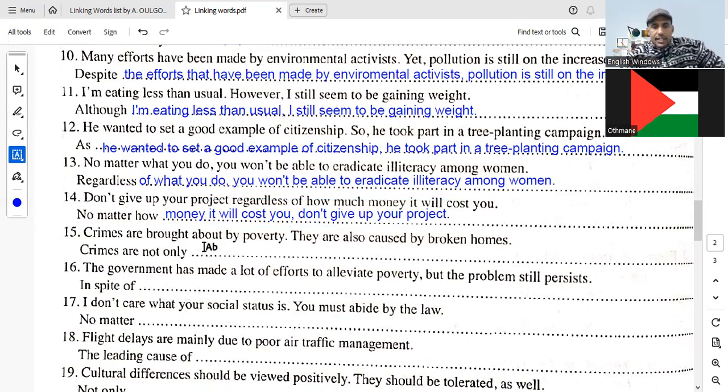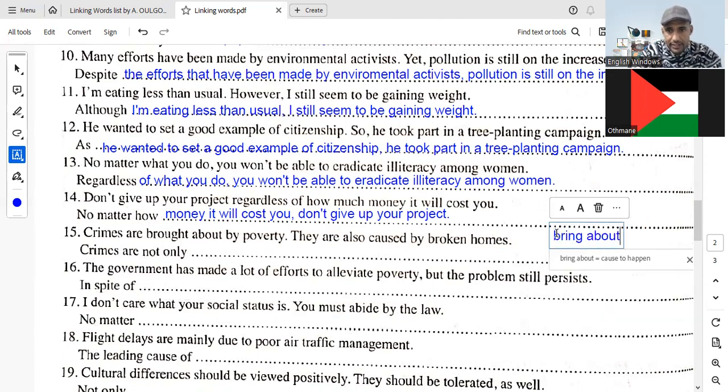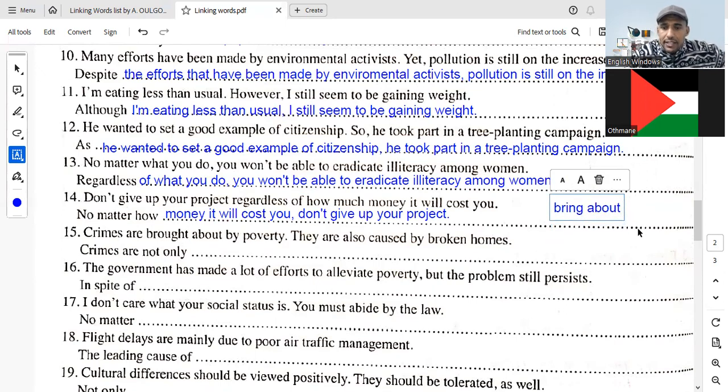Okay, the last one. Number 15. Crimes are brought about by poverty. It's a phrasal verb. Bring about means to cause. Crimes are brought about by poverty, but not only that.